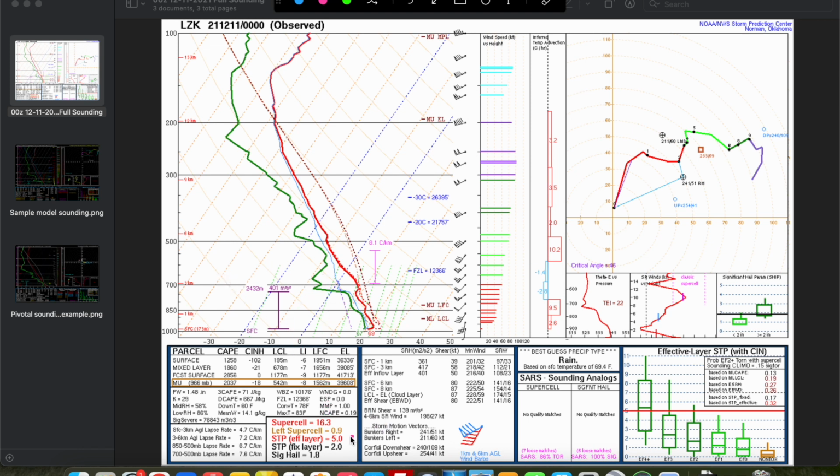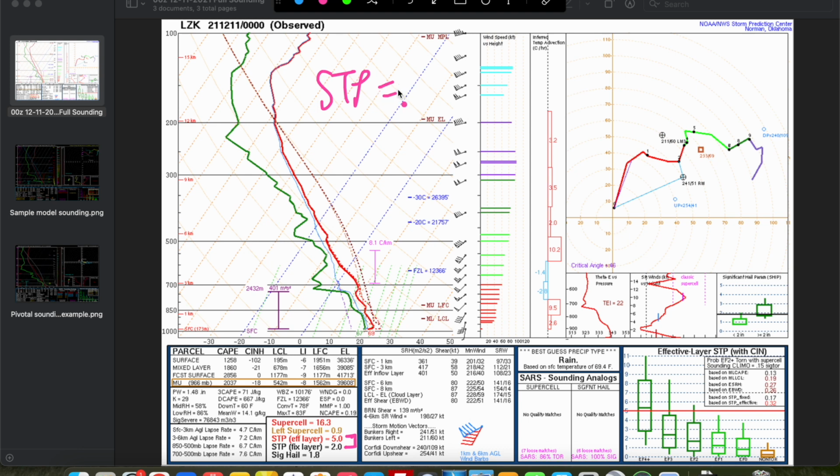Then we have these two. Those are going to be your significant tornado parameters, or STP. Your significant tornado parameter tells us basically the chances for a right-moving supercell to produce EF2 plus tornadoes.